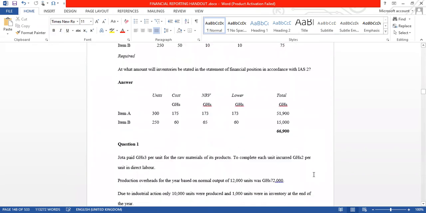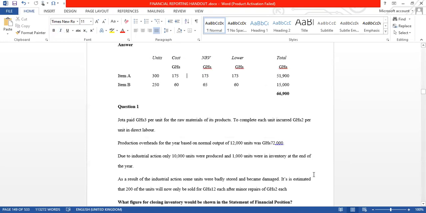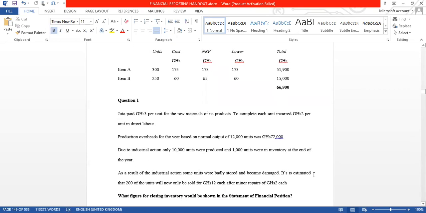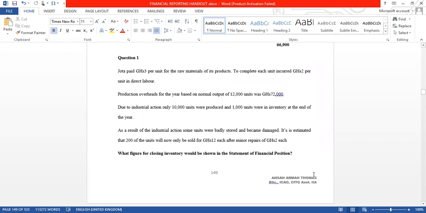There's an illustration there that you could take your time and go through, but we want to consider question one here, Jota. Unfortunately, a good player as he is has suffered injury and is likely to miss the World Cup.